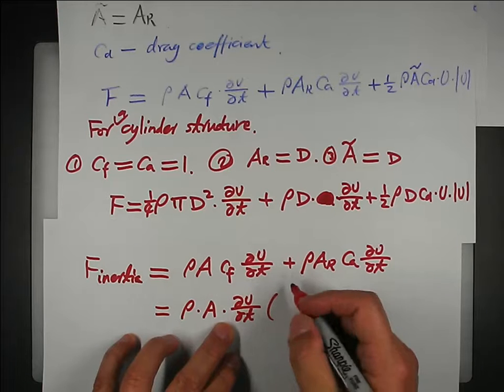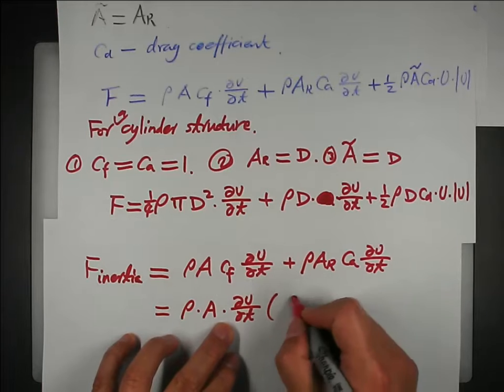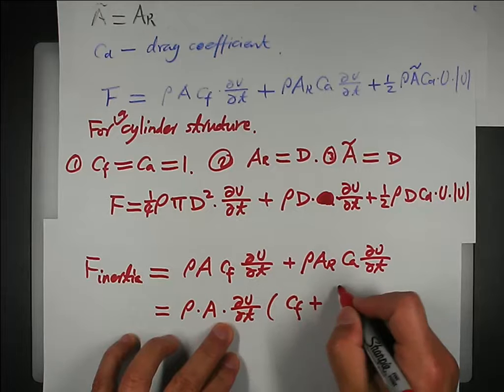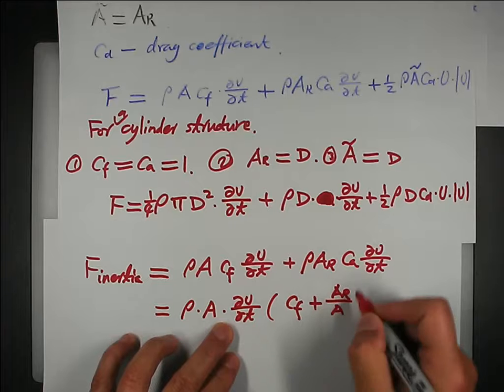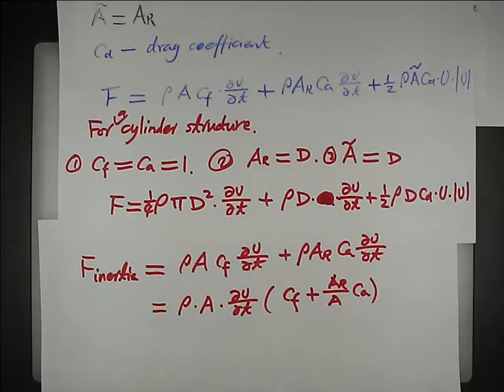Then it is rho A times CF plus AR over A CA, right?